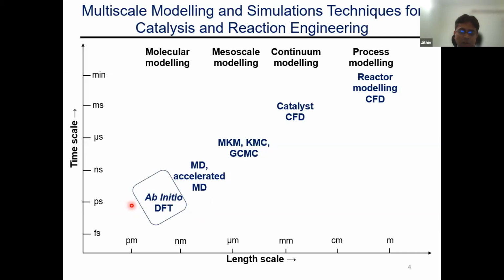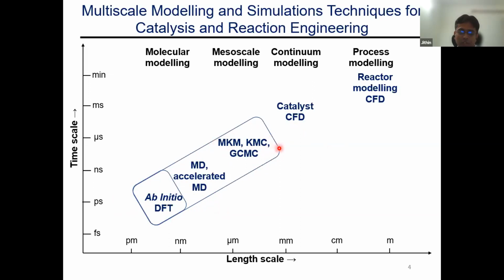So a lot of the work that we do in my group is to use and exploit these kinds of simulations on various catalytic systems, and also a few other techniques, and also combine information across techniques, which is again the multi-scale approach that has been talked about.